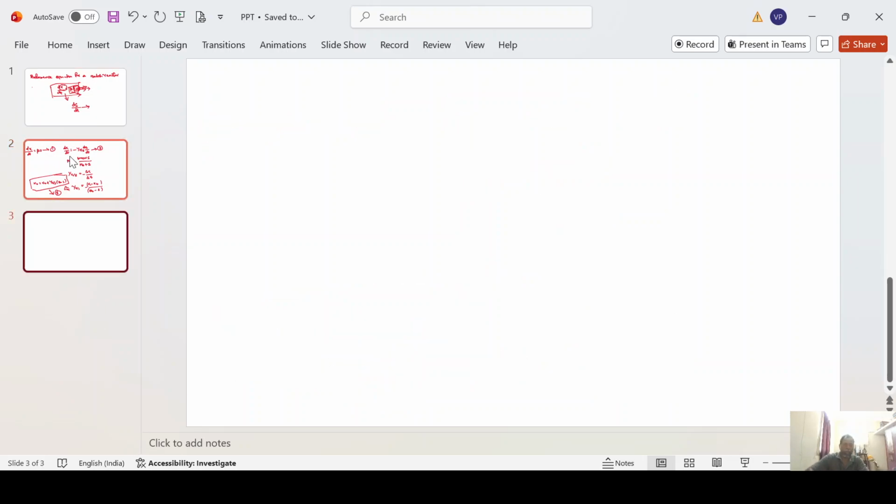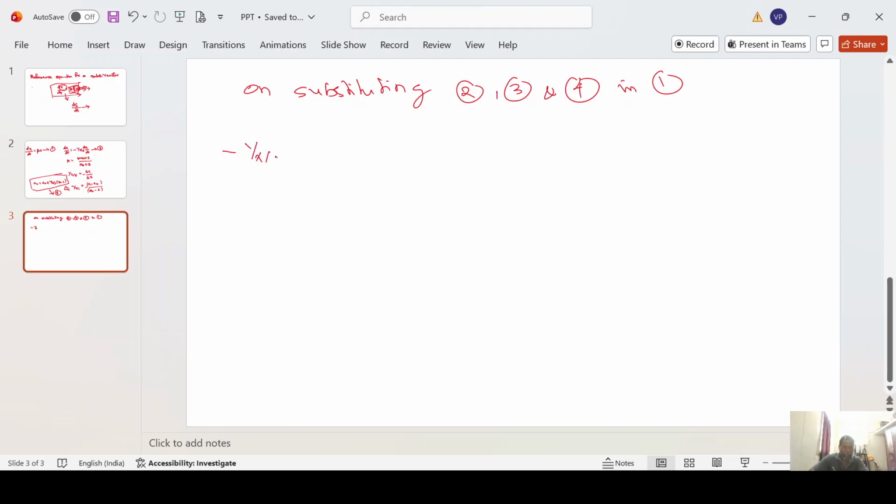Then on substituting equations 2, 3 and 4 in equation 1, we will be getting minus yx by s of ds by dt is equal to mu max s whole divided by ks plus s into x naught plus yx by s of s naught minus s.